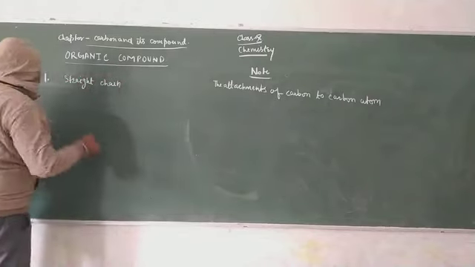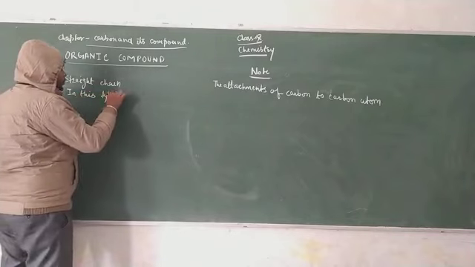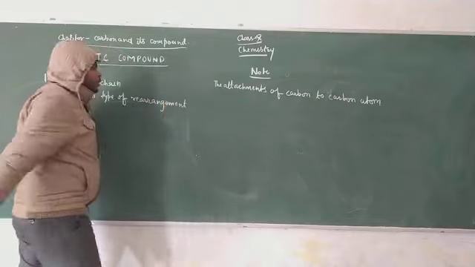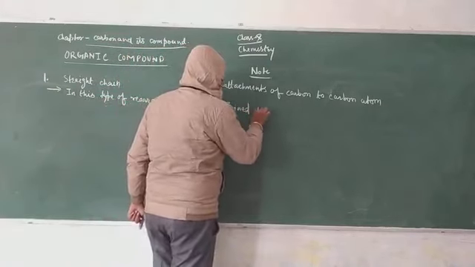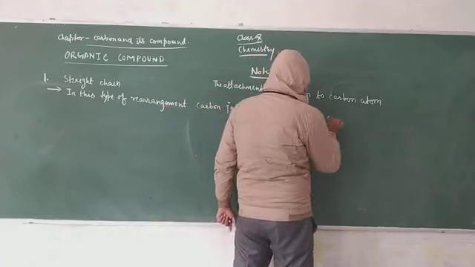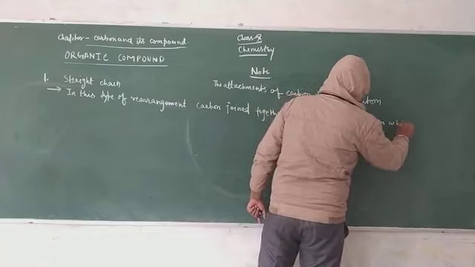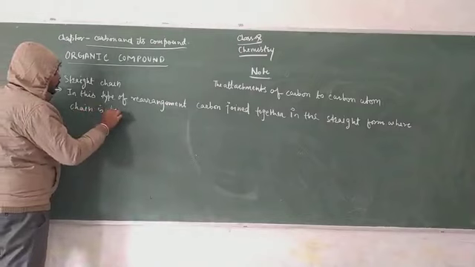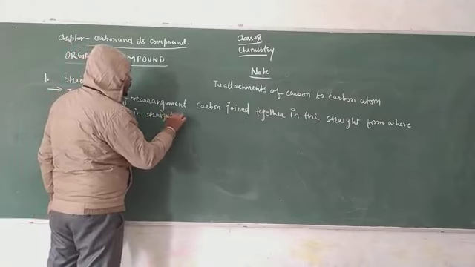What is the meaning of a straight chain here? In this type of arrangement, carbon atoms join together in a straight form, where a chain is formed in a straight way.